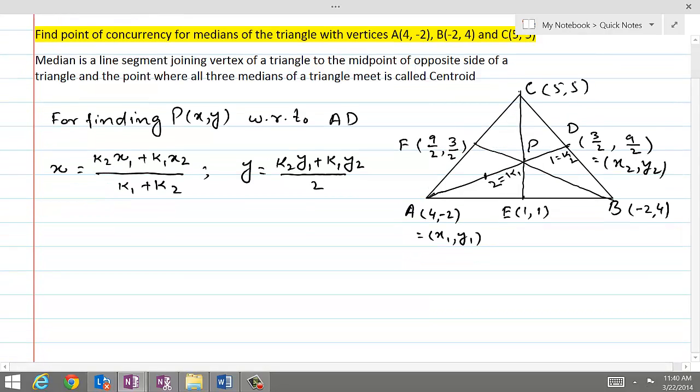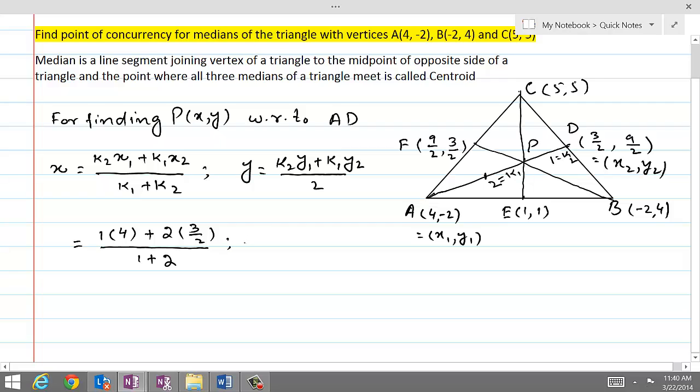So here we are going to substitute the values for k2 and k1. k2 is equal to 1, so 1 times x1, which is 4, plus 2 times the x part of D, that is 3 by 2, over 1 plus 2.